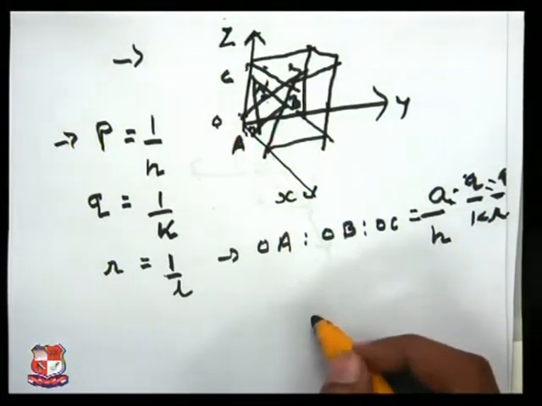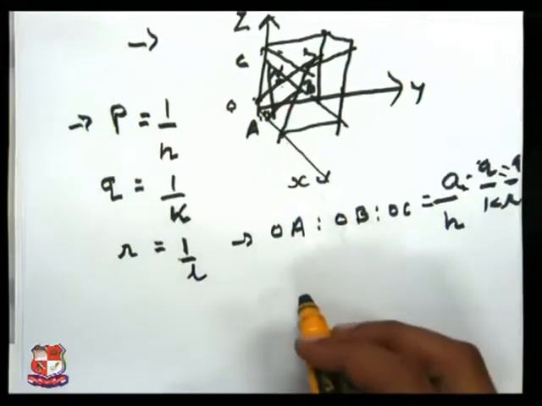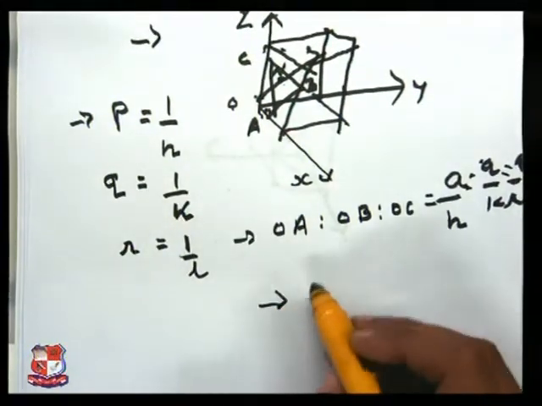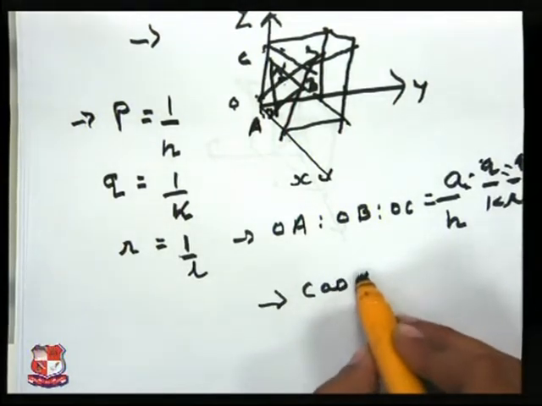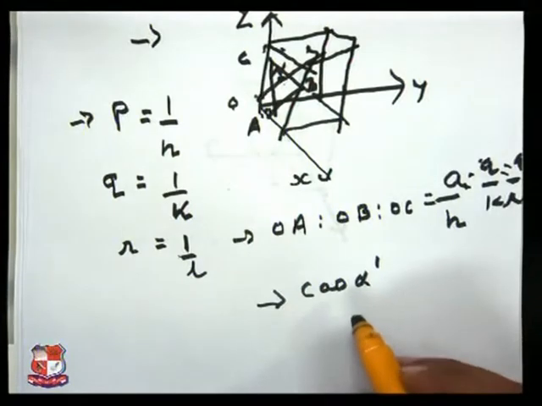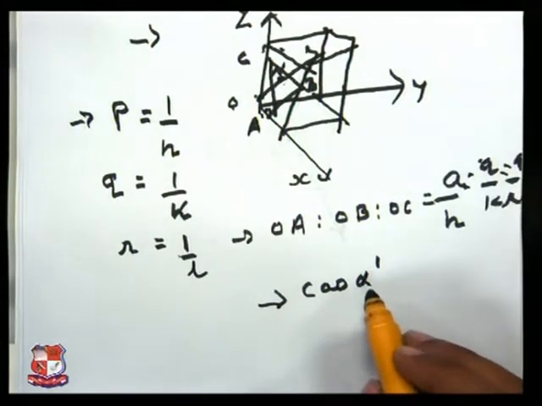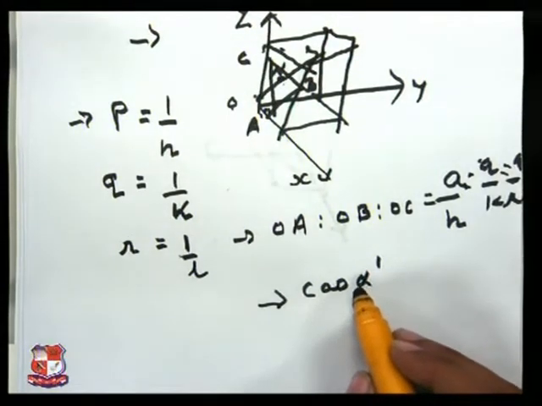Okay, so let us define it again. From that, if I define the angle cos alpha dash, I repeat that this alpha is not the same. That means it is not the interfacial angle.